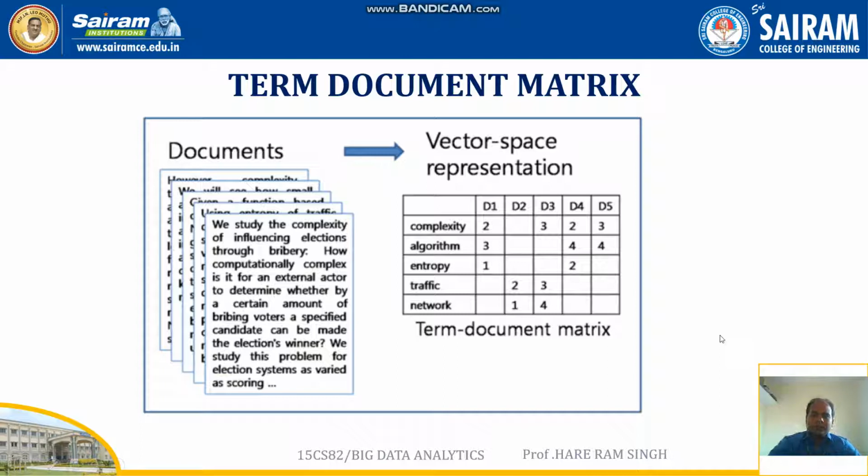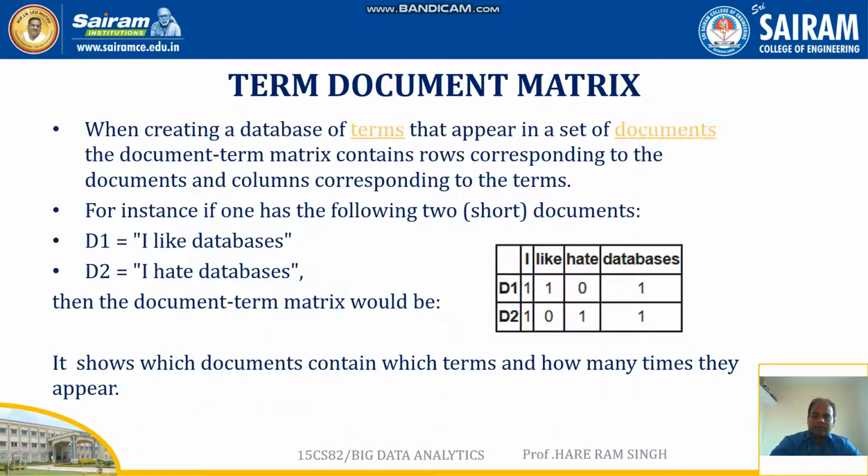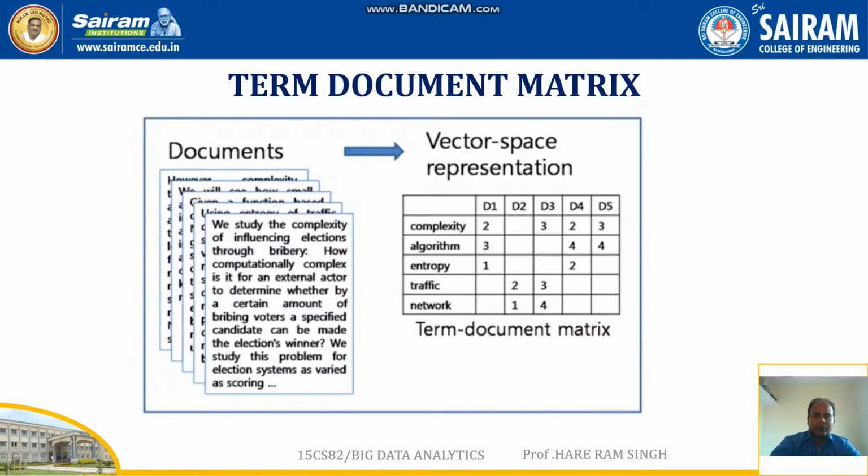So let us continue with the term document matrix. Here is another example. Here 5 documents are there: 1, 2, 3, 4, and 5, and in them some terms, some words are there. So how can we prepare the term document matrix for these documents?